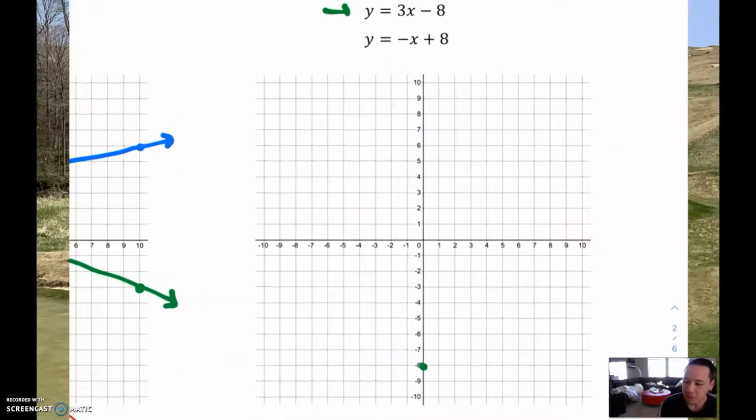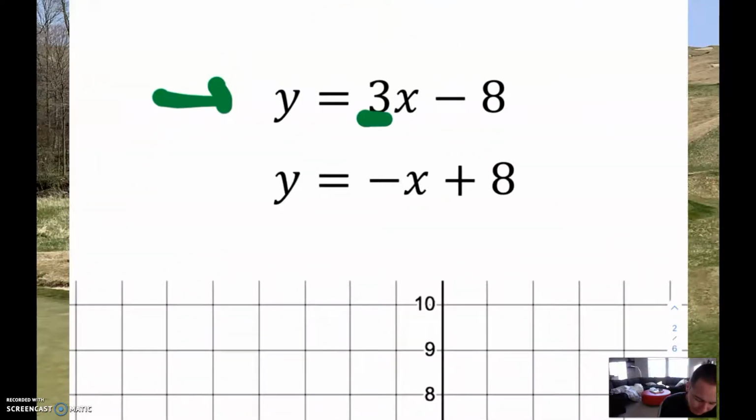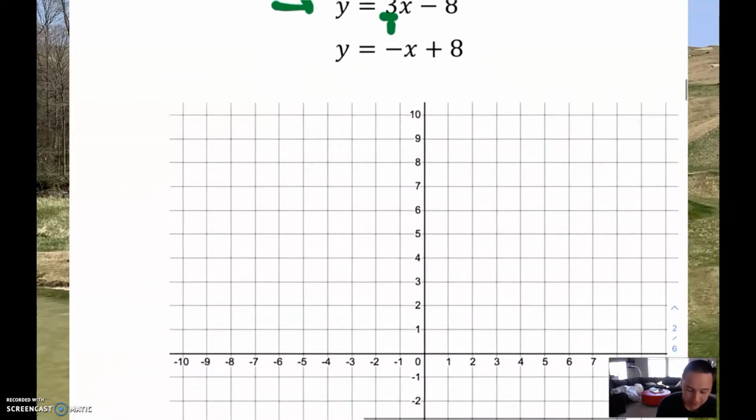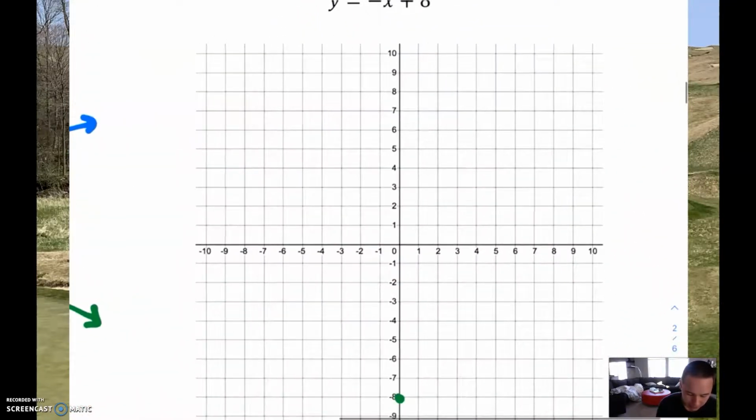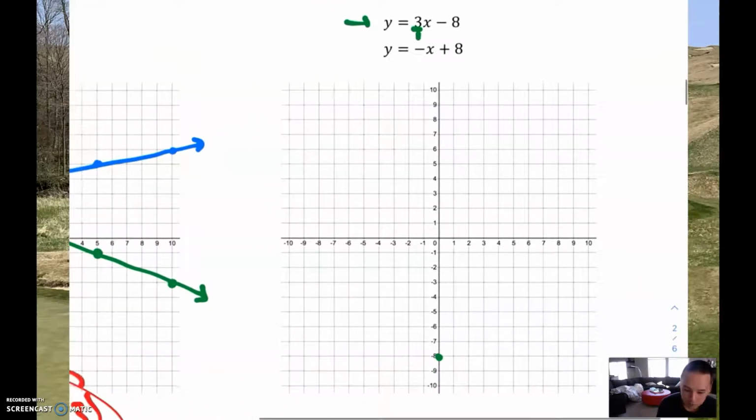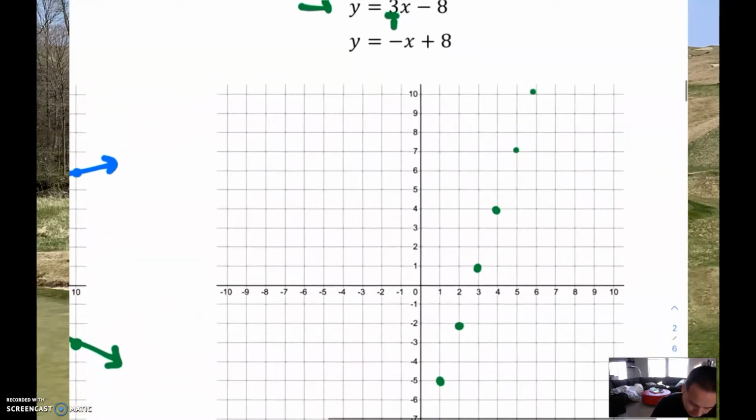Now, if it has a slope of 3, hopefully you remember that that 3 is the same as 3 over 1. So it's going to be a positive slope, so it's going up by 3, and it's going over by 1. So from that first dot we put, we're going to go up 3 and over 1, and so on.